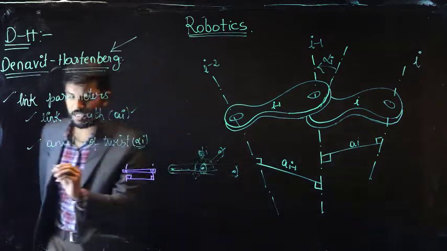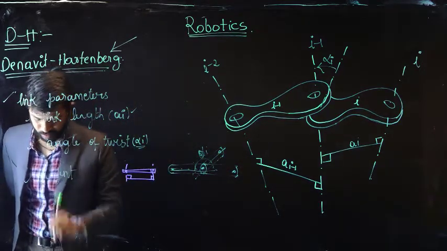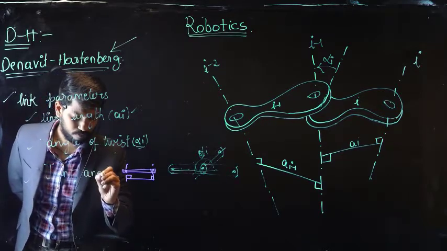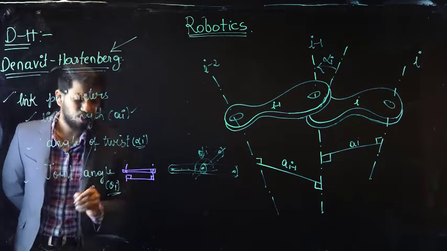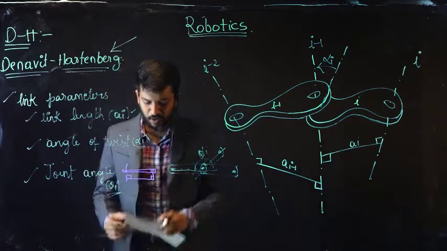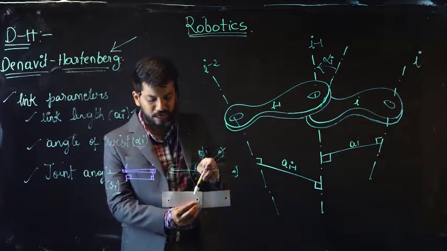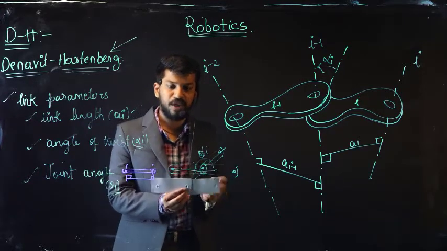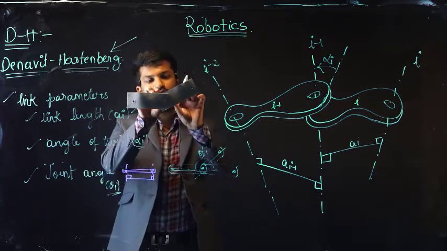Sorry, there is one more parameter, nothing but the joint angle theta i. How will we calculate the joint angle theta i? As I have already said, link length will be nothing but from one axis to another axis. Extend these two link lengths, and definitely you will get it. If you observe clearly, this is my position of links.